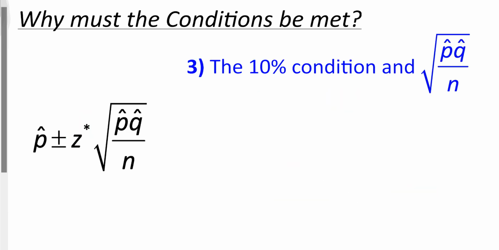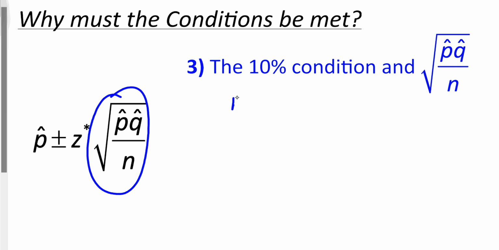The third condition, the 10% condition, goes along with the standard error, the standard deviation of the sampling distribution of proportions. And it is essential because if we don't have it, we can't actually use this formula. Well, we can use it, it just might not be accurate.